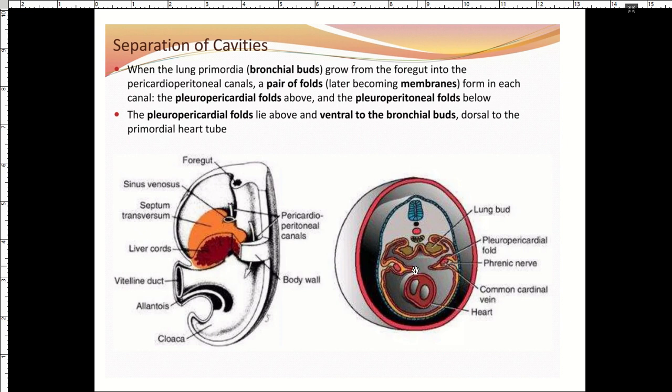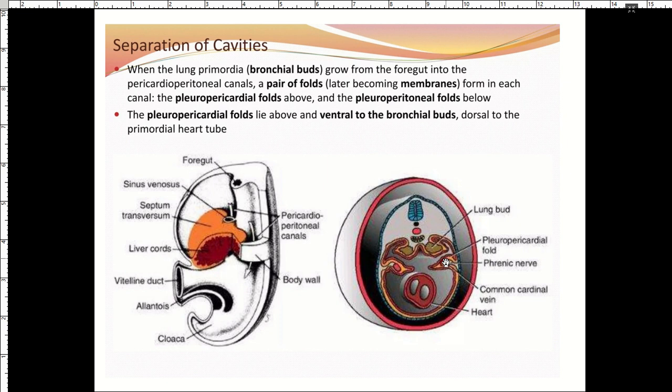And the left common cardinal vein is going to regress. In the heart, the left horn of the sinus venosus is going to obliterate, and you also have the regression of the left common cardinal vein. So the one that persists is your right common cardinal vein.